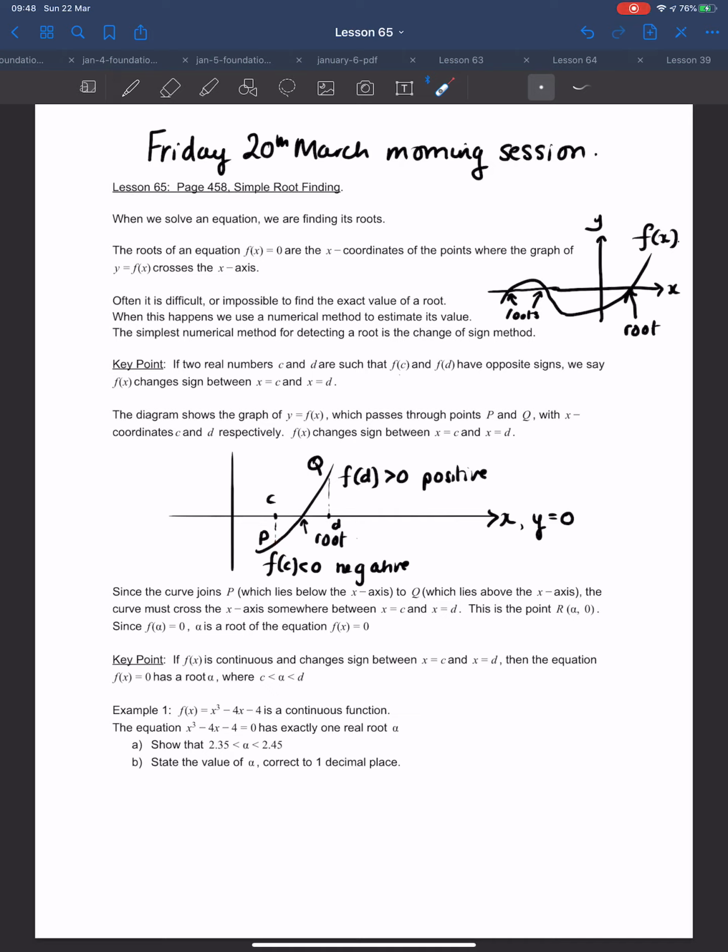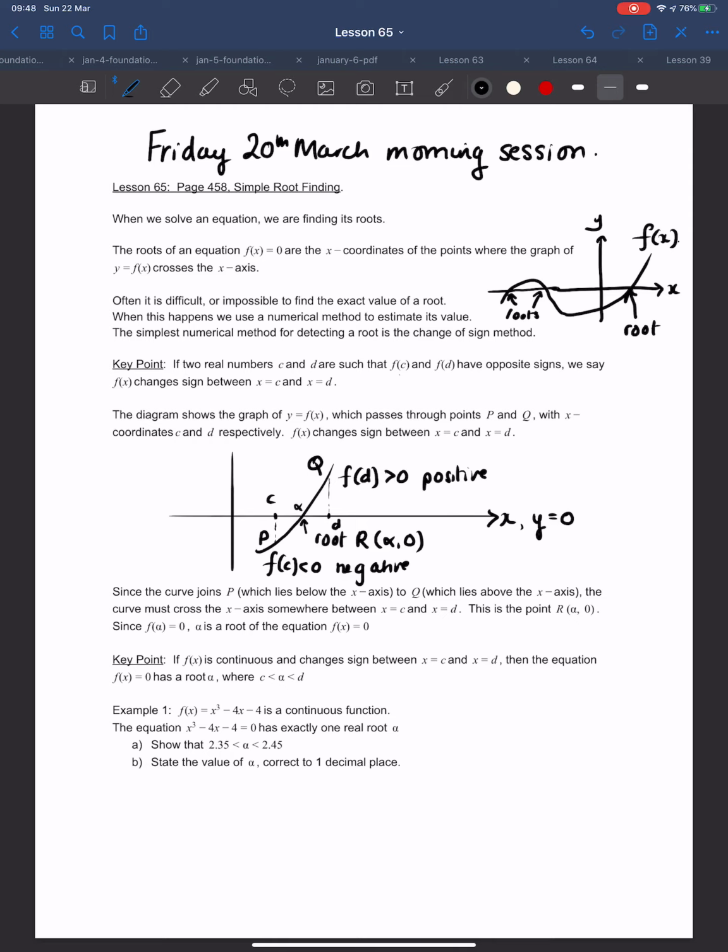And this is the point R, for root, and it's alpha. That's just notation. So alpha is just the value of x that makes the function 0, and alpha is called the root.